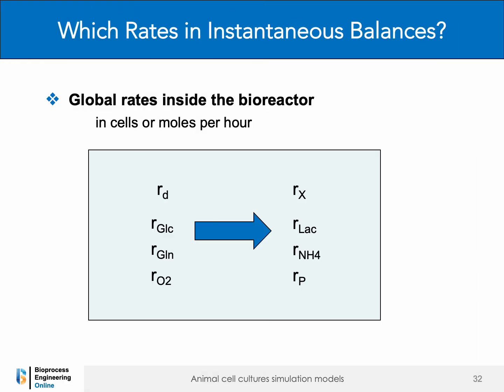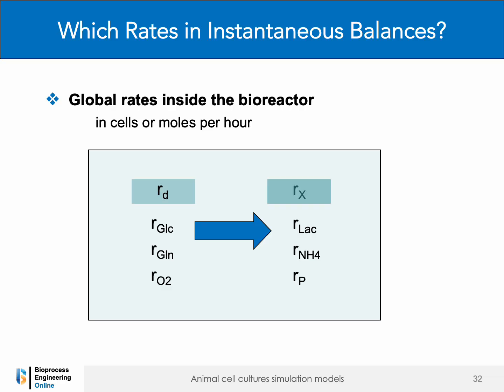The biotransformation rates introduced in the instantaneous balances represent the overall transformation rates taking place within the entire bioreactor. Depending on the component considered, these rates are expressed either in cells per hour or in moles per hour. For our CHO cell culture, we consider several biotransformation rates.